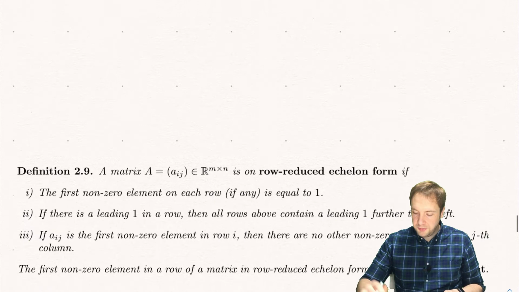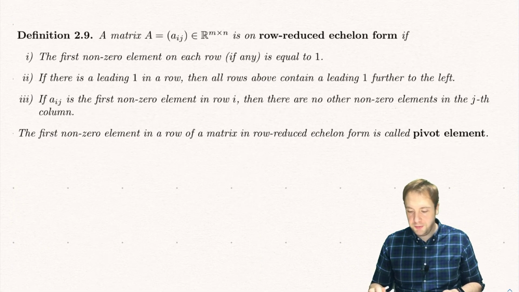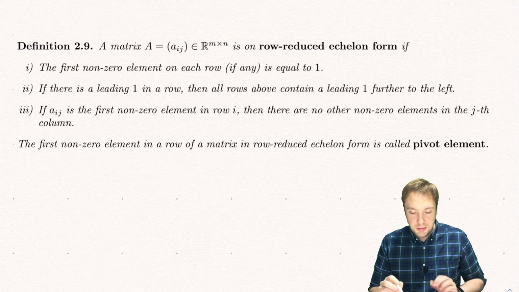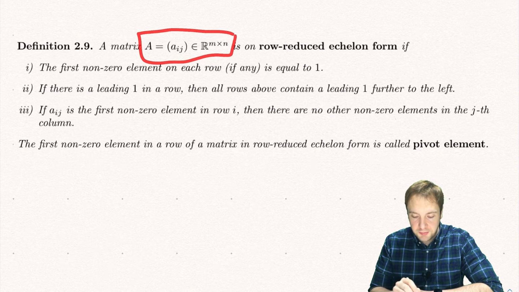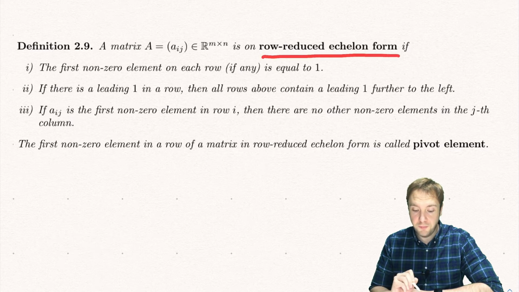Okay, but now the final form, the row-reduced echelon form, and it's really similar to the definition we did for linear systems in the homework. So we say that a matrix, usually this matrix will be the augmented matrix. But now in general for any matrix, we can say what it means for this matrix to be in row-reduced echelon form.